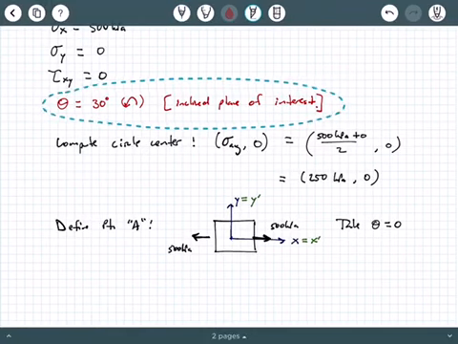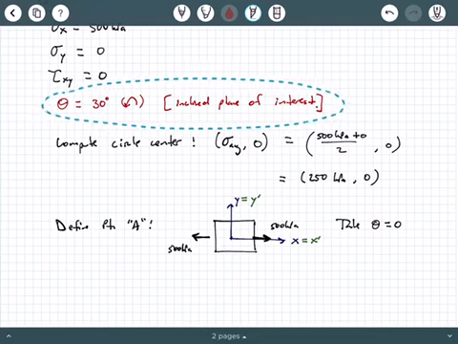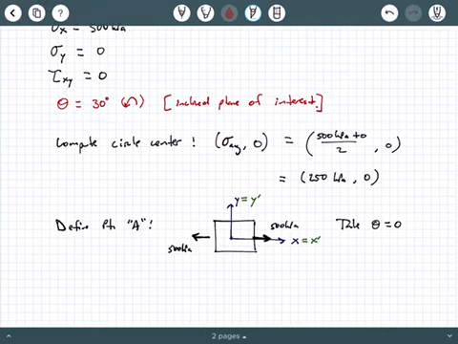One thing I want to make clear: we don't want to confuse theta equals 0 with theta equals 30 degrees. The theta equals 30 degrees is just an inclined plane of interest, and it doesn't matter what the inclined plane of interest is when you're drawing the Mohr Circle.